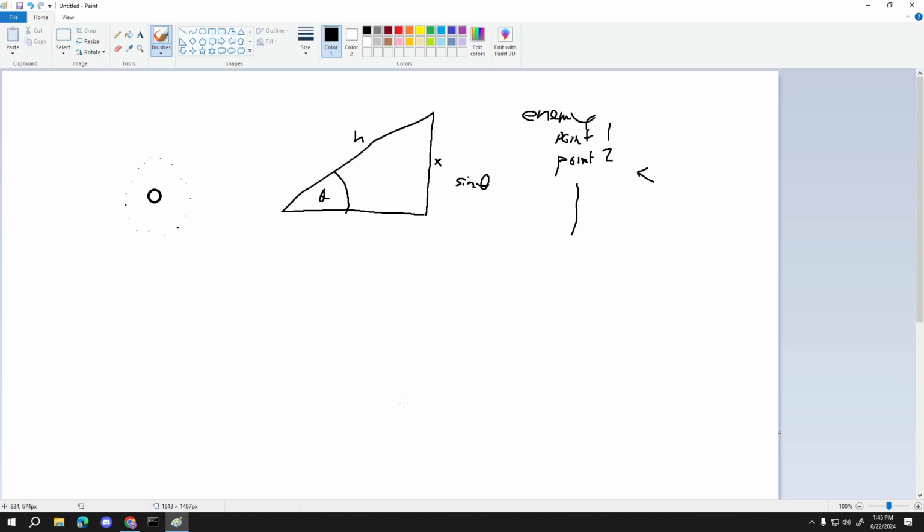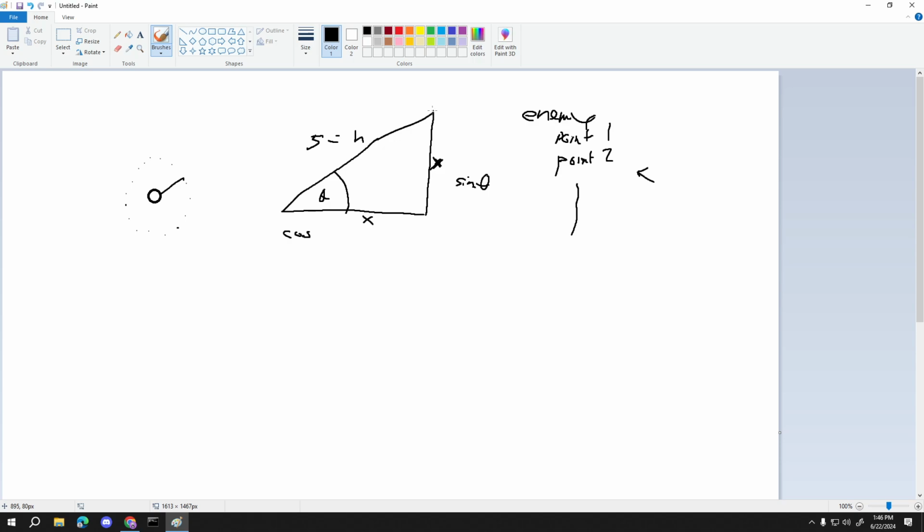Then for cosine, oh sorry, that's not x, that should be y. For cosine theta, you have adjacent over hypotenuse. The hypotenuse can be whatever. You can give it a number, depending on how far you want it from your enemy. Let's say it's only one, or maybe 5 units. So the hypotenuse will be 5.